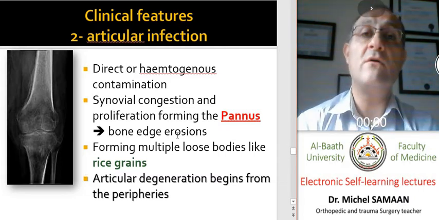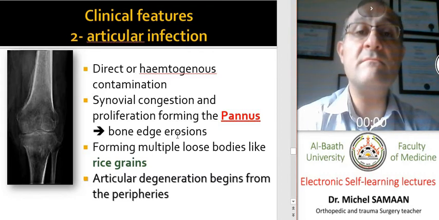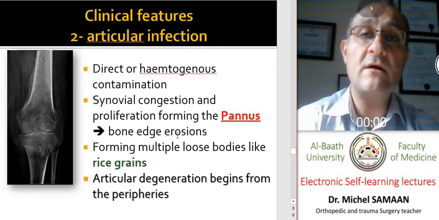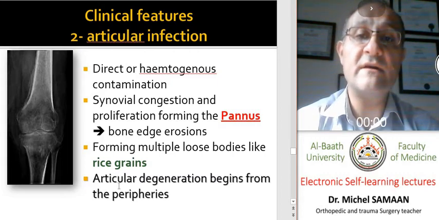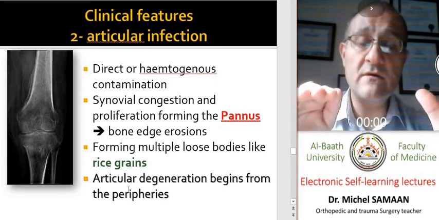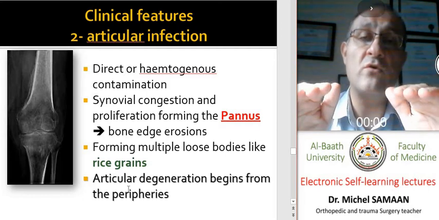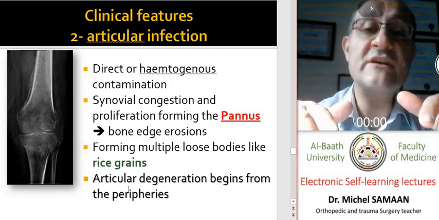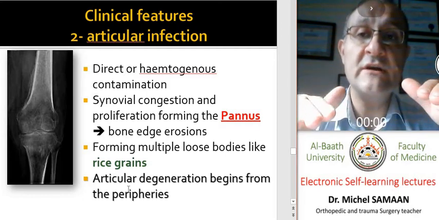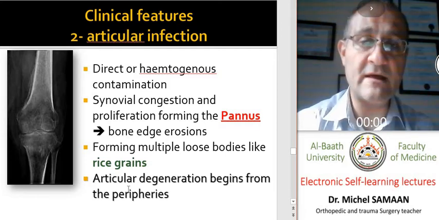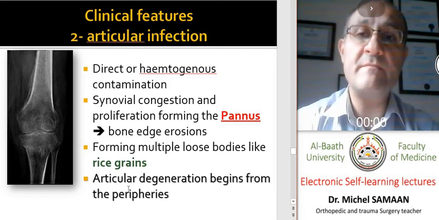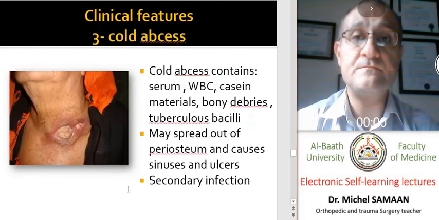We may also have multiple loose bodies which resemble rice grains, and severe concomitant bone degenerative changes in both sides of the knee, that means the lateral and the medial articulation.